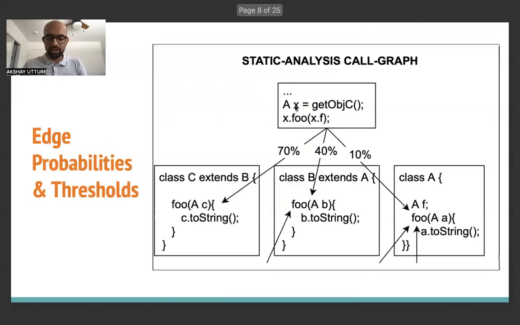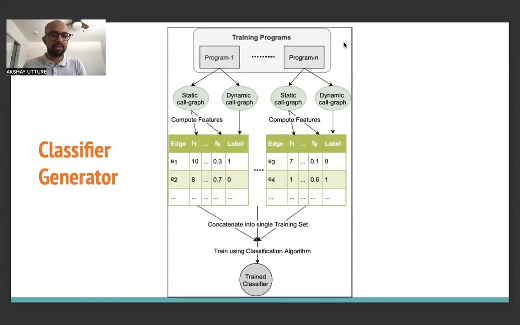The classifier generator starts off with a set of training programs and computes a static and dynamic call graph for each of them. Then for each program, we generate a table where each row is one static call graph edge, and the last column is the ground truth label.